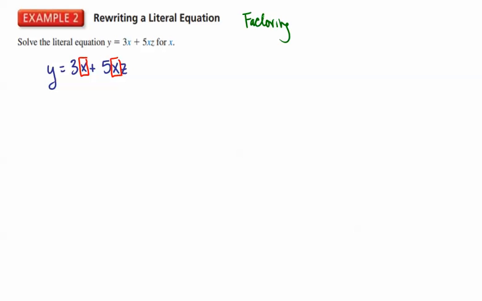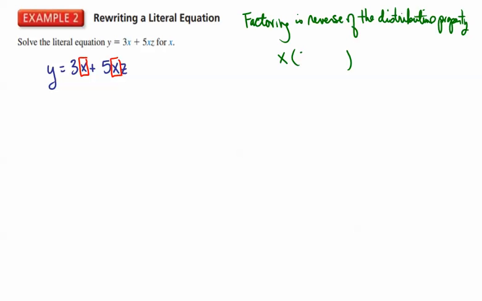And you can think of factoring as the reverse of the distributive property. So I'm going to start with the end, and then let's see if we can convince ourselves that this is fine.